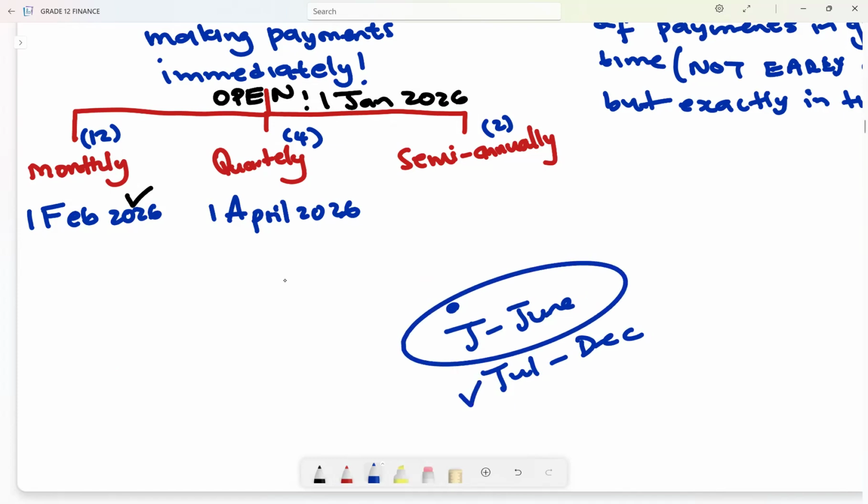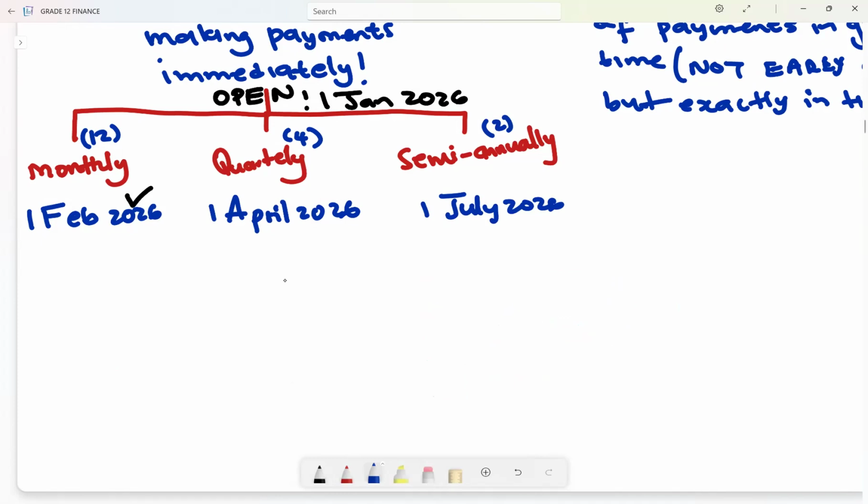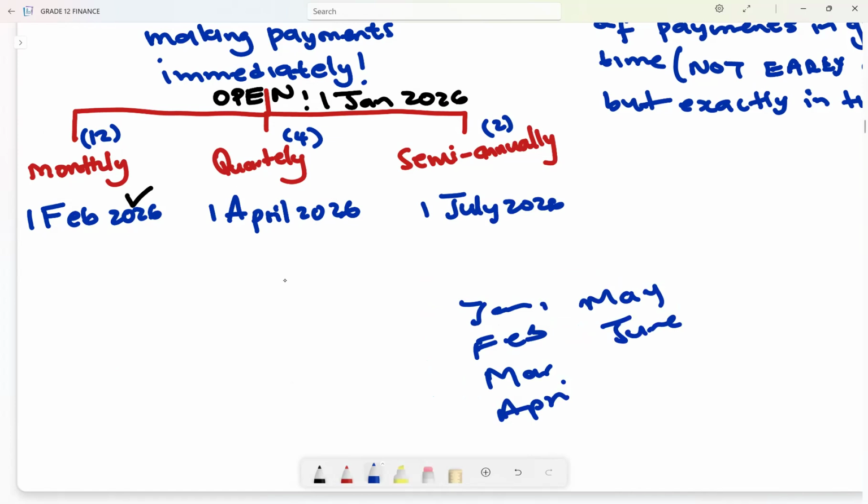On the 1st of July 2026. Let's confirm. You skip January, February, March, April, May, and also June. Can you see 1, 2, 3, 4, 5, 6? Then you start making payment in July. Okay?